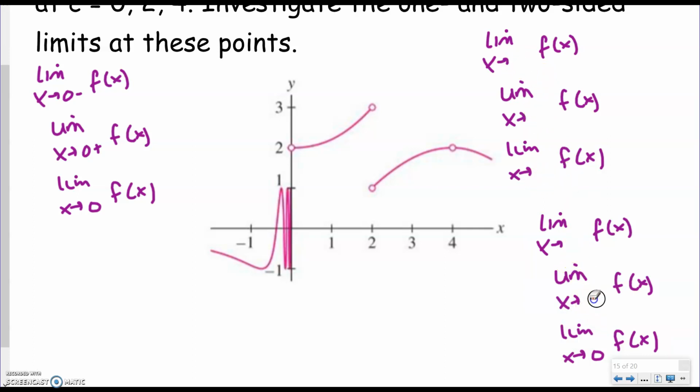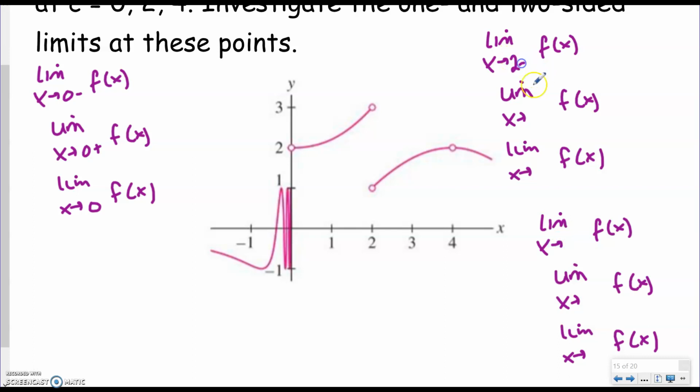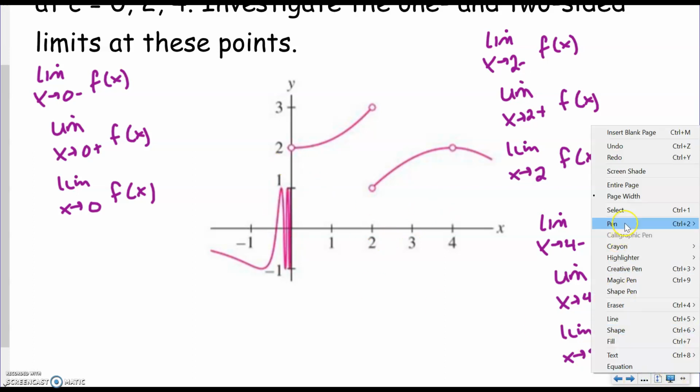We're going to do 0, 2, and 4. So we'll do 2 from the left, 2 from the right, and two-sided, and 4 from the left, 4 from the right, and two-sided.